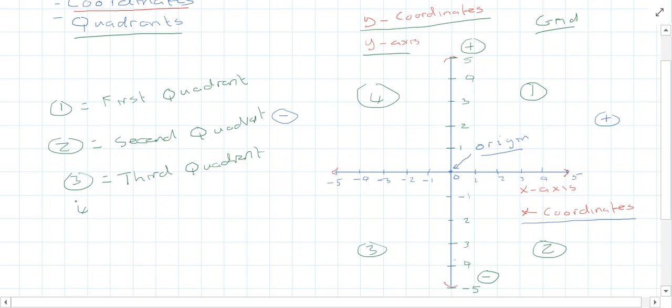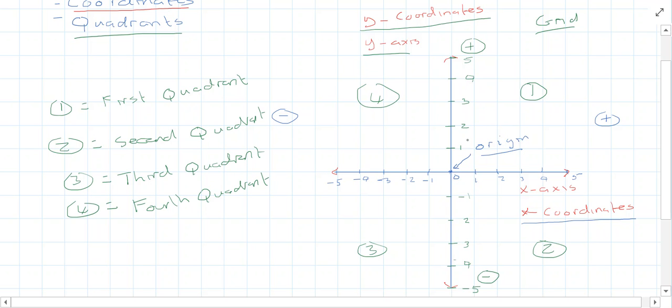And then 4 is equal to the fourth quadrant. So these are your quadrants. They can be split up into quadrants.